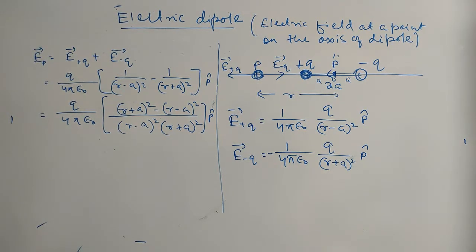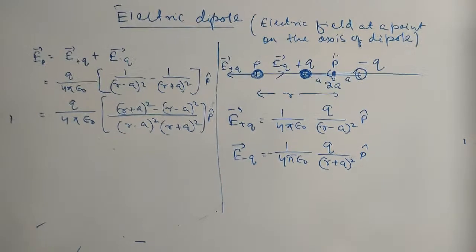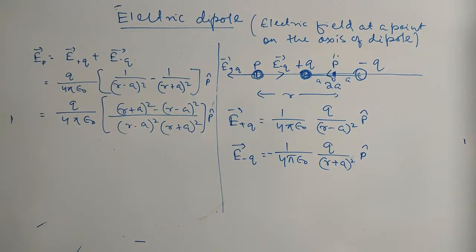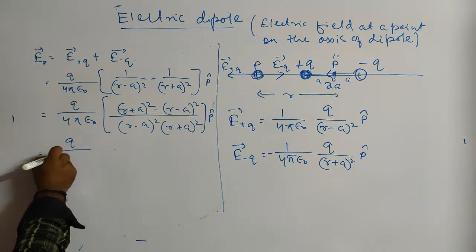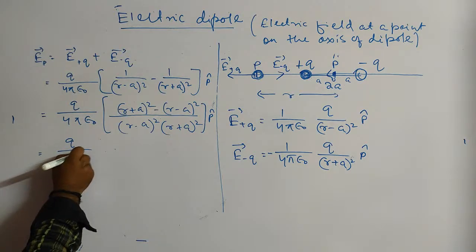It is 4ab, that you know from your junior class mathematics.